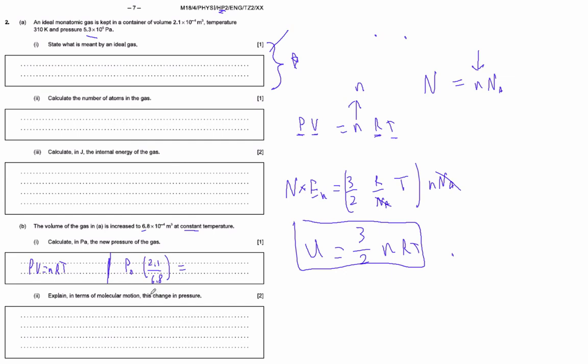Okay, explain in terms of molecular motion this change in pressure. Be careful. Remember, it's a constant temperature, so these molecules aren't going slower. They might look like they do in a simulation, but on average they've got the same speed. So why is there a change in pressure?